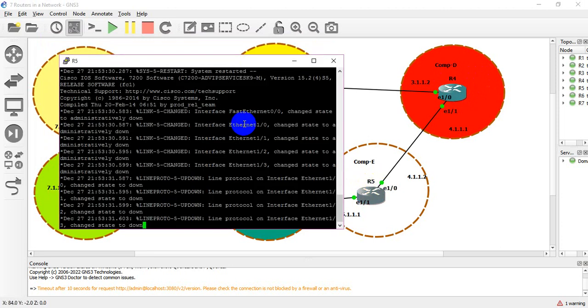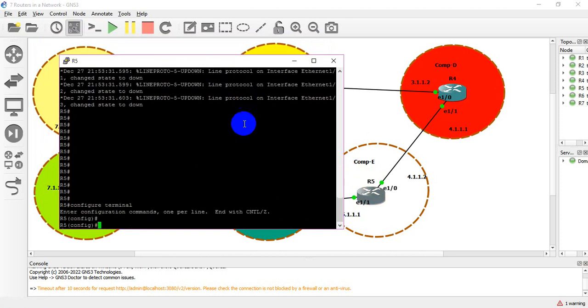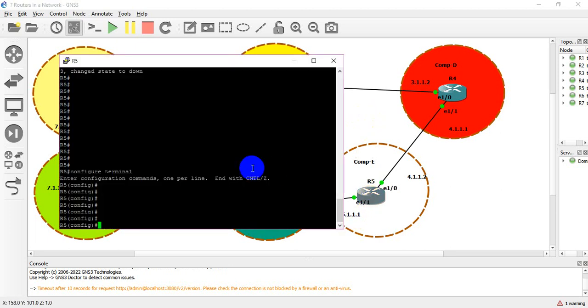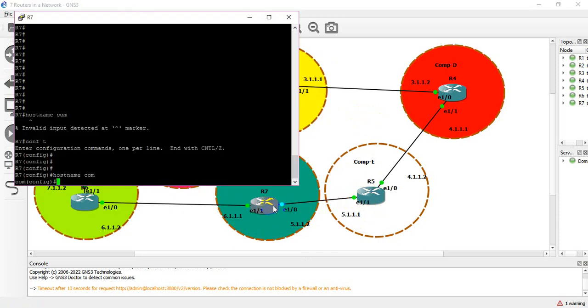Because in that mode we can configure the router. If we don't configure, then they will not be able to communicate, even if they are connected like in this form. After connectivity to make a network, we should make them able to communicate with each other as well.